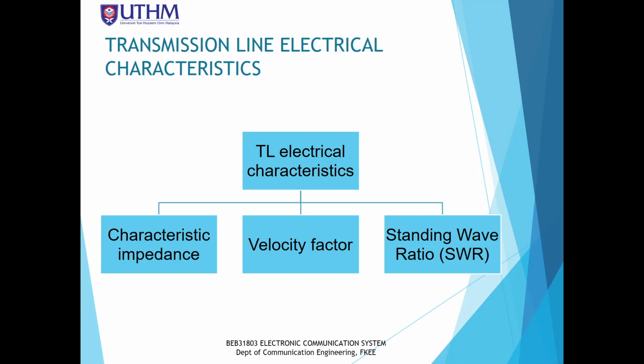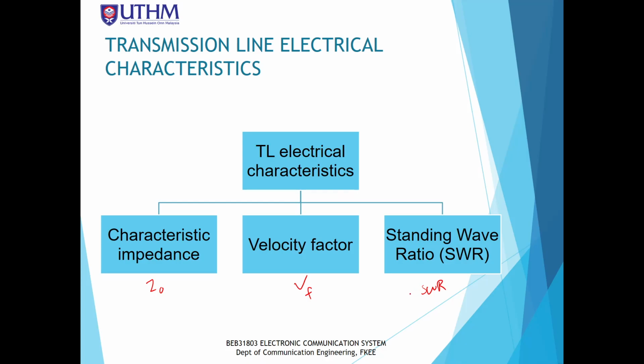Transmission line electrical characteristics. This is important. There are three main transmission line characteristics. The first one is the characteristic impedance, what we call Z0, and then the velocity factor, VF. We have seen this. And then the SWR, standing wave ratio.